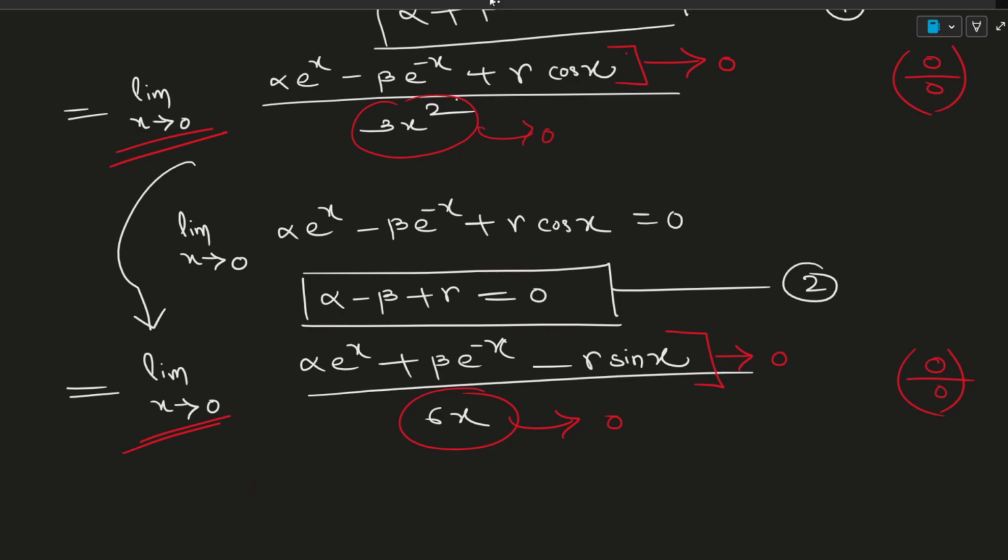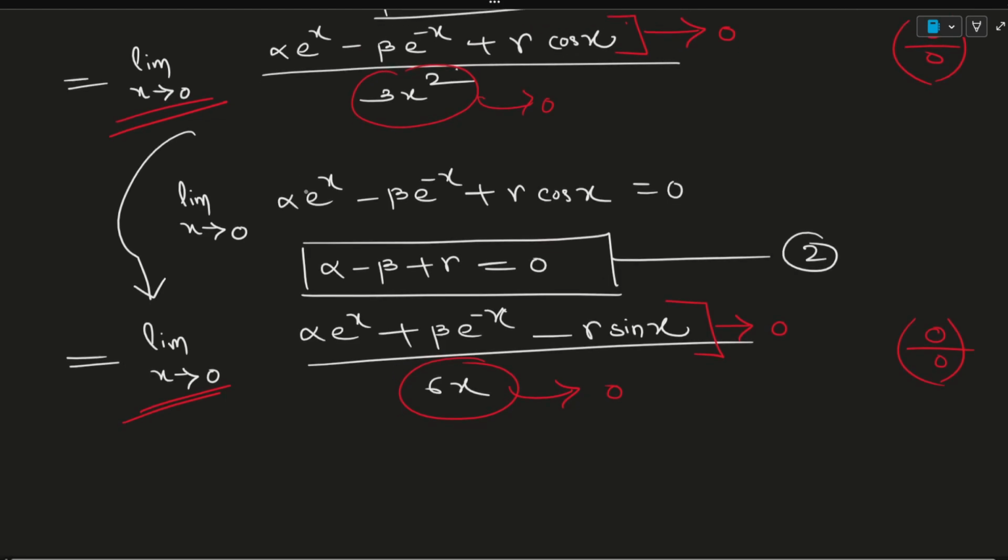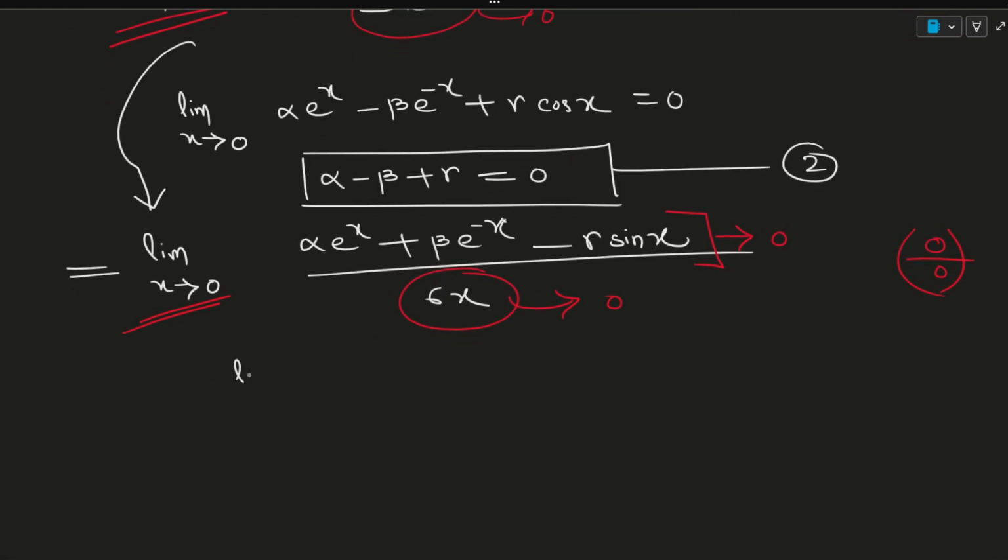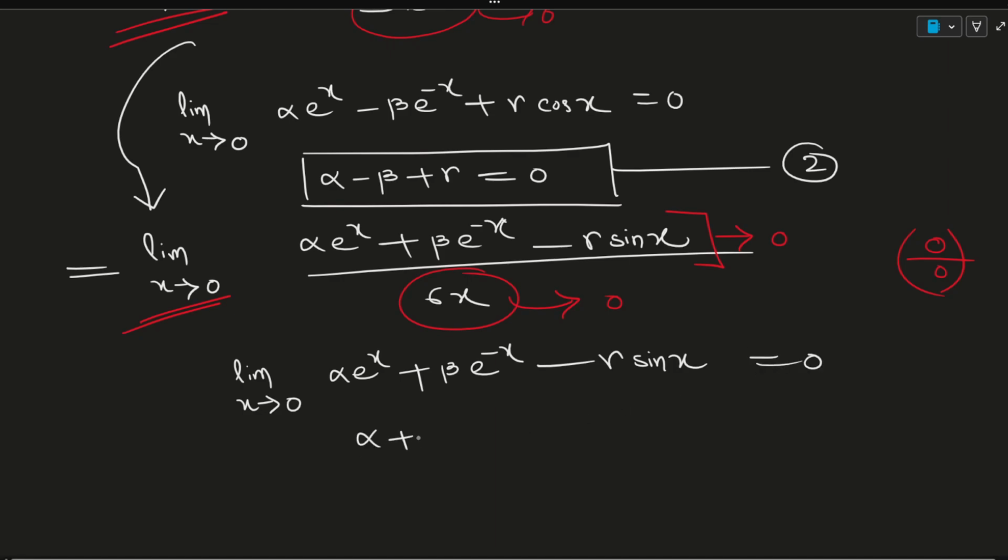So from here I can conclude that limit x tends to 0, alpha e to the power x plus beta e to the power minus x minus gamma sin x is equal to 0. It means alpha plus beta is equal to 0. Again I got this.